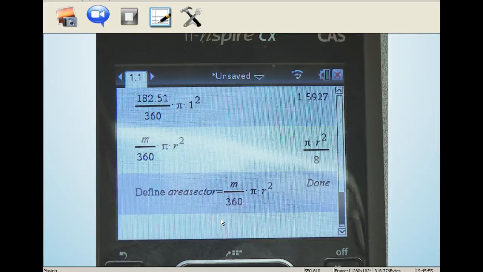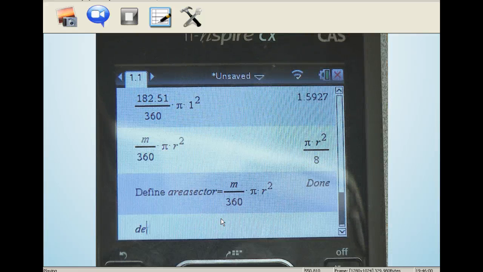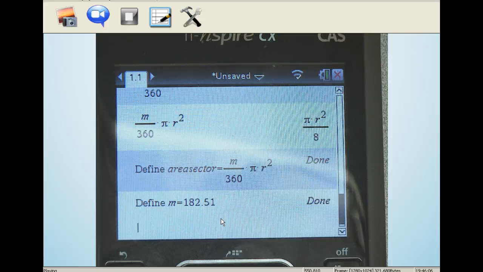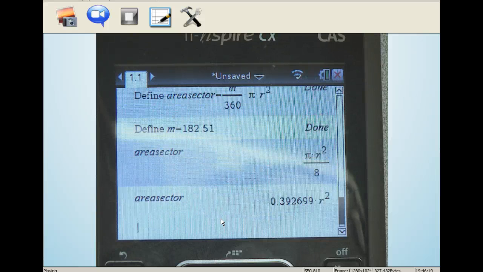So let's try this again. Let's define m as 182.51. We go define m equals 182.51, and then when we run our formula, area sector, it gives us that measurement. Now what's wrong there?